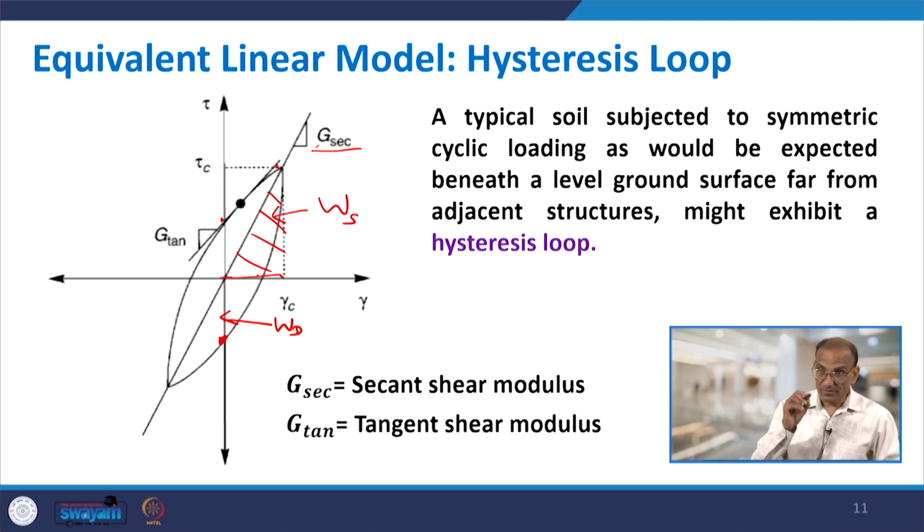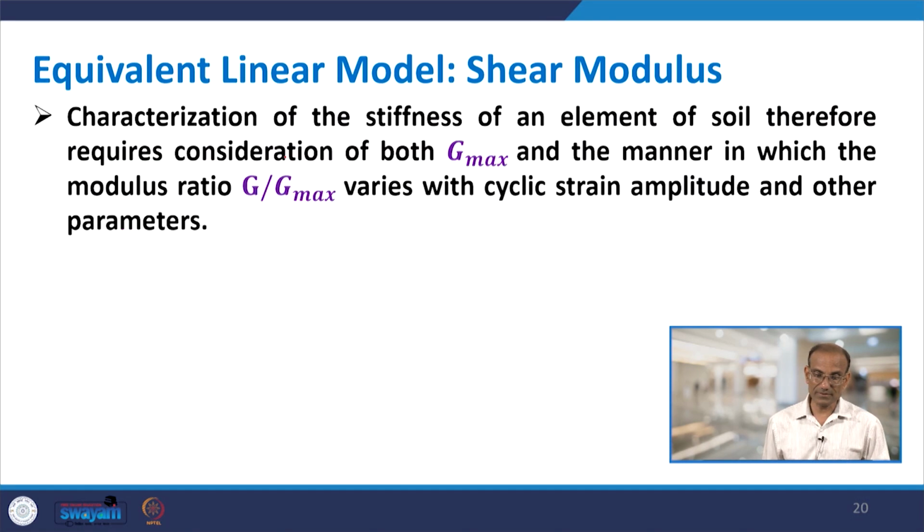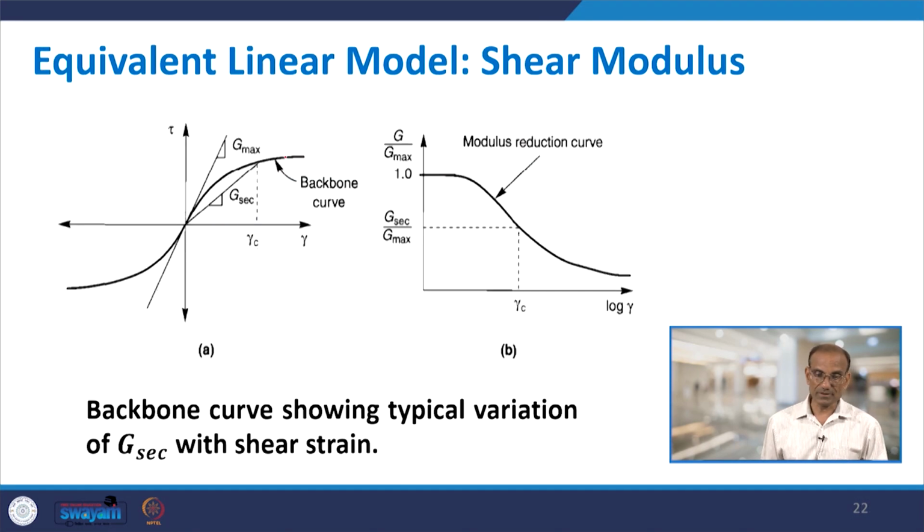For example, one loop will be this, with tau c and gamma c. You will have another loop where tau c may increase and gamma c may also increase. You may have a third loop where tau c and gamma c have lower values. So, you just take the coordinates of the tips of these hysteresis loops and plot them on a curve like this, which gives you the backbone curve.